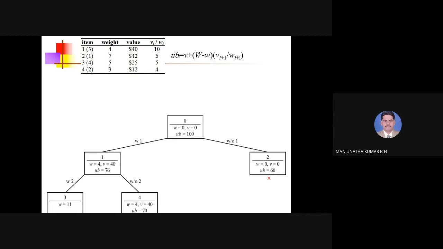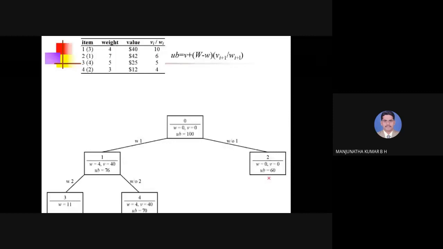So the first node is the root node. First you write one box like this and write 0 as the name of that node, and write w, v as 0 0. w means the weight till now, how much weight is placed in the knapsack? That is what small w is, I told you already in the formula.